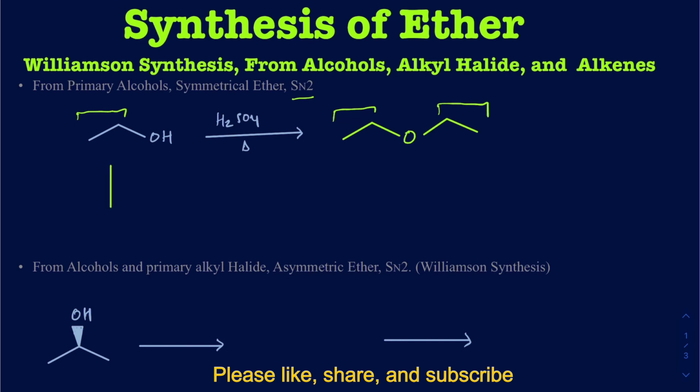The first step is just going to be the protonation. Obviously I've got sulfuric acid used as an acid catalyst here. So let me go ahead and write down this H2SO4 in the form of a structure. This is how it looks. And I can use one of the protons on the sulfuric acid to protonate that oxygen.